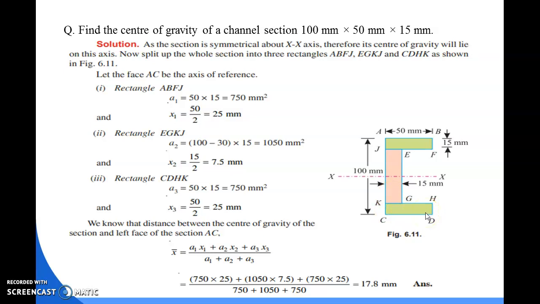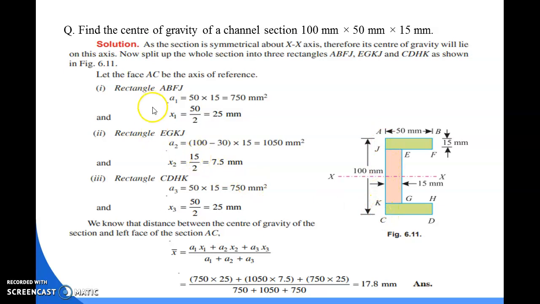So first of all, for each section we have to calculate the area as well as its center of gravity with respect to reference line. So here, as the axis of symmetry is x-axis, so the reference line should be this one, the vertical line.